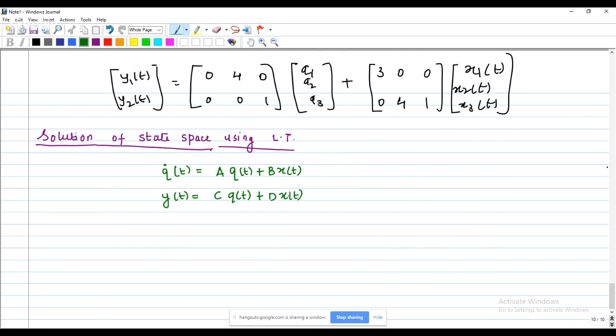This is what my two equations are. When I apply Laplace transform, q dot t is actually dq t by dt. Everything is a vector, so I'll take the derivative of each of them, that is a derivative of the vector.